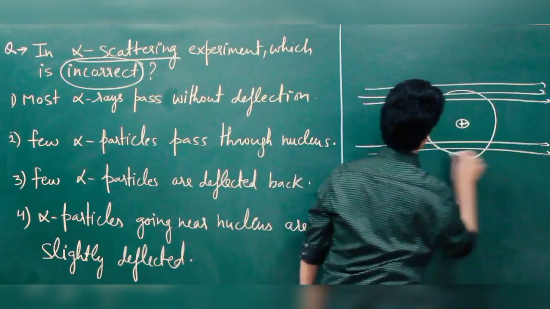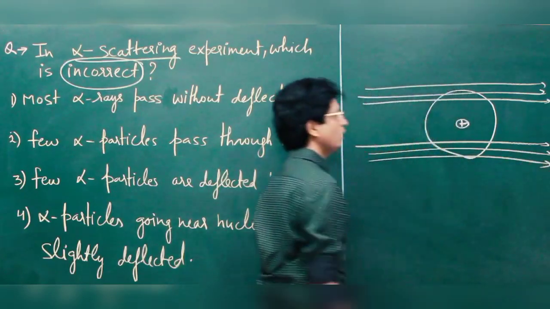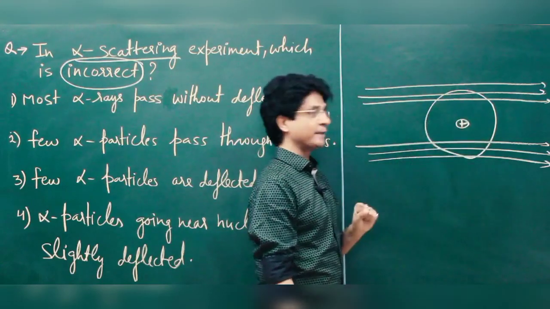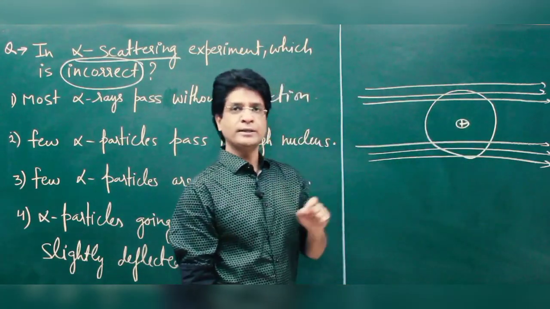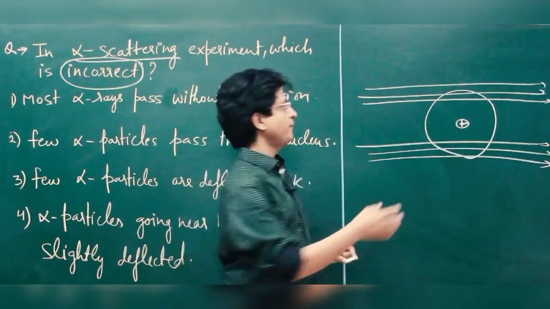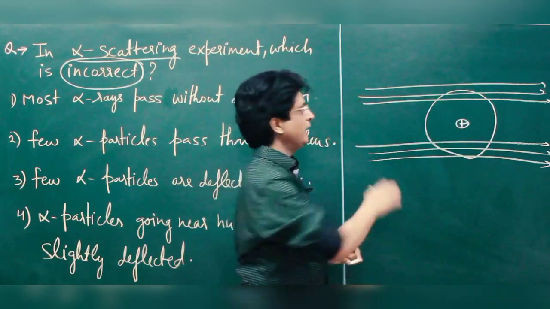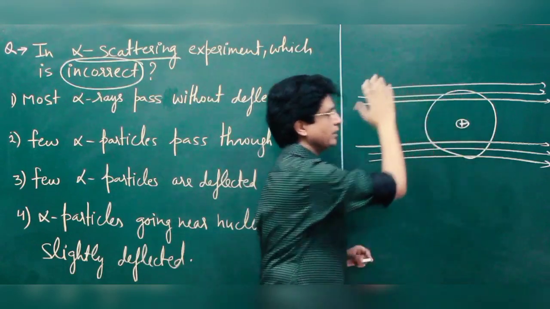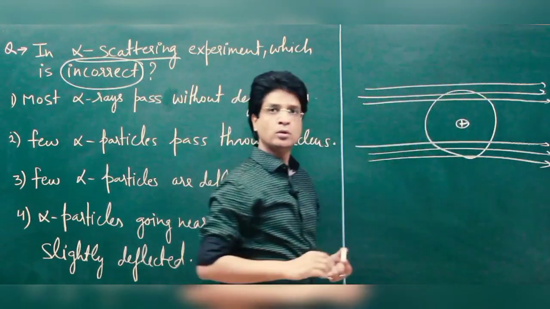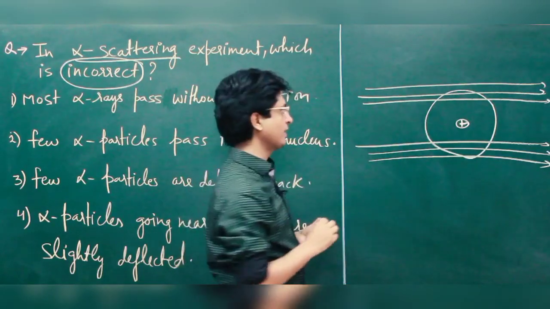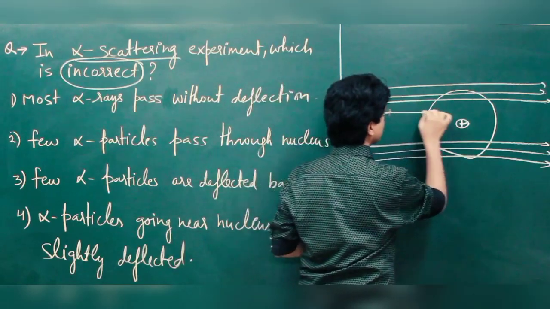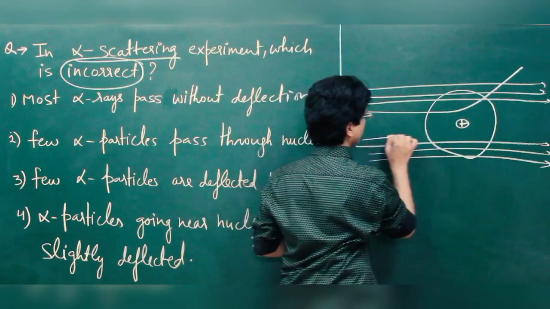Almost 99% of the rays passed undeflected, and because of this Rutherford concluded that most of the atom should be empty. If it was not empty, alpha rays should have been stopped; they should not have passed through undeflected. Now, few rays which were passing near the nucleus were deflected.